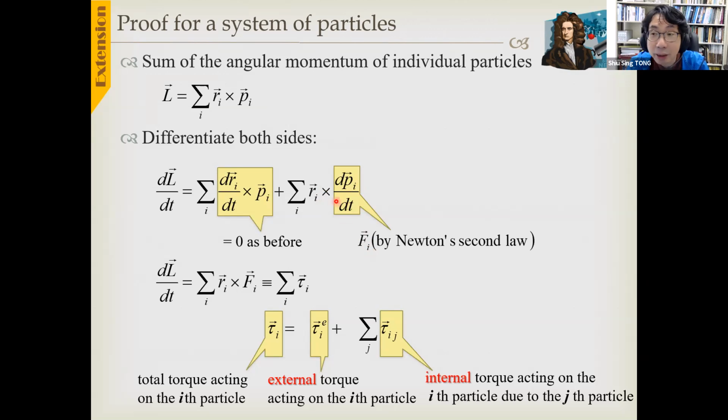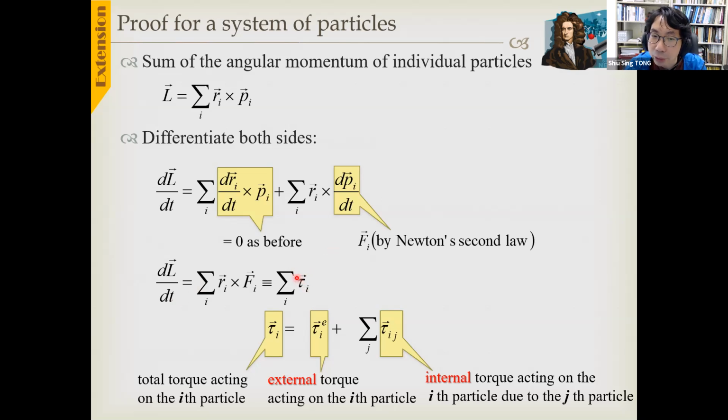So you can see immediately the rate of change of angular momentum becomes the summation of Ri cross Fi. Ri cross Fi is the torque, right? It's the torque acting on particle i, and we sum over all the particles, we get the total torque acting on the system, and that is the rate of change of angular momentum.